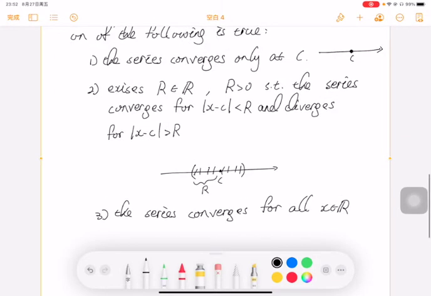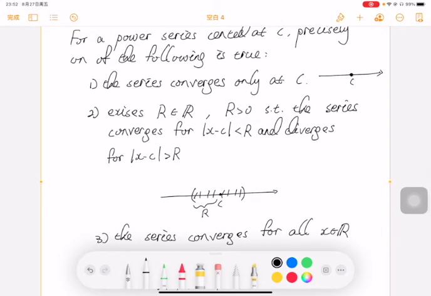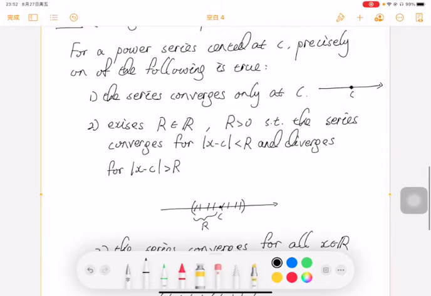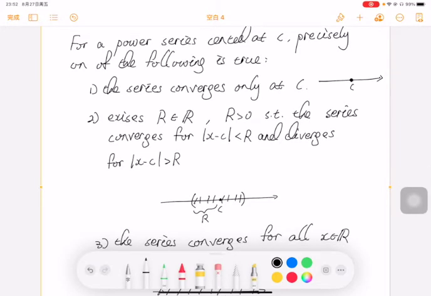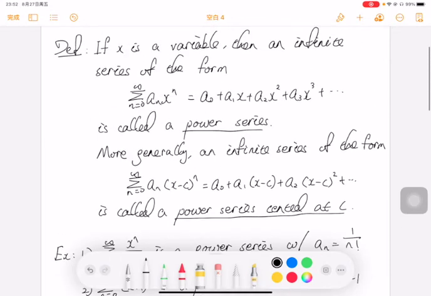All right, so we have these three cases. It's either converges at only one point, or some interval, or the entire real line. Note that the first case has the smallest range of convergence. So no matter which scenario the power series belongs to, it always converges at the center C. The reason is very obvious, because if you look at the definition, it's a sum of a_n times (x minus c) to the n.